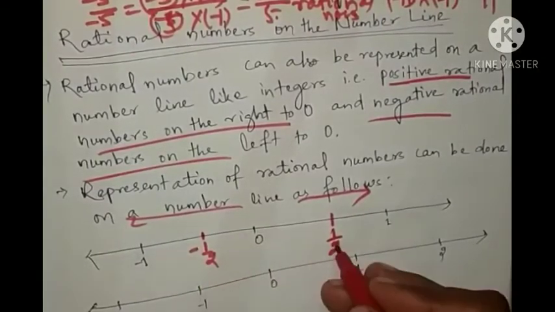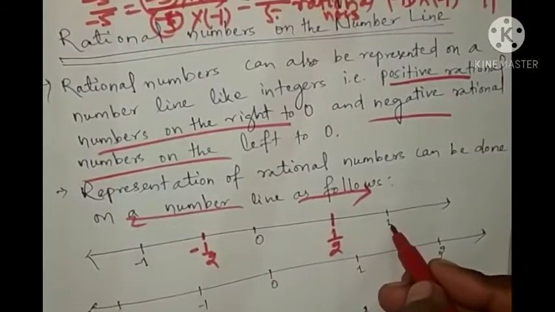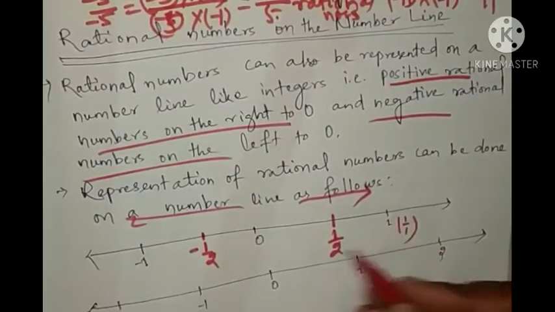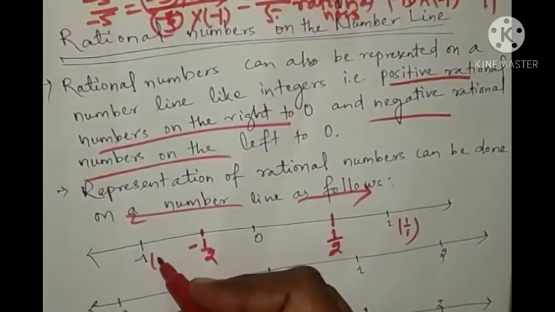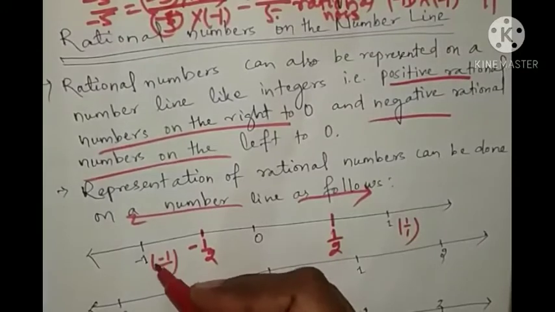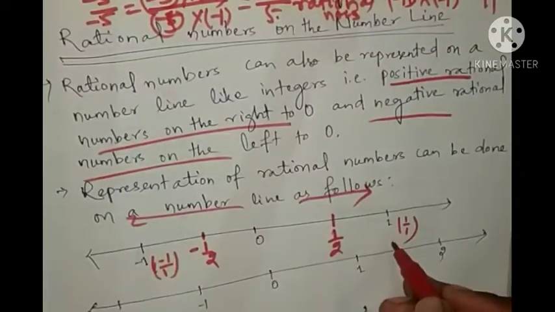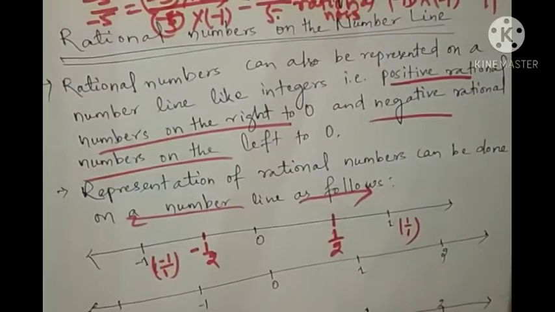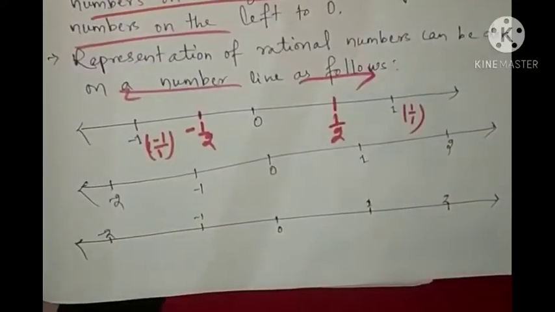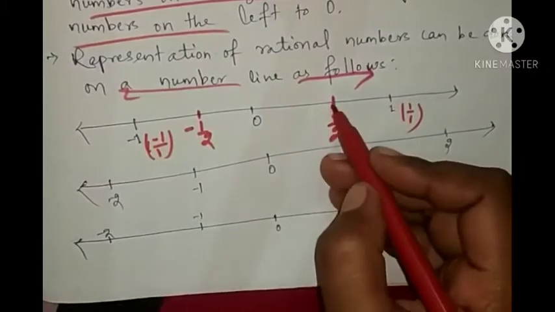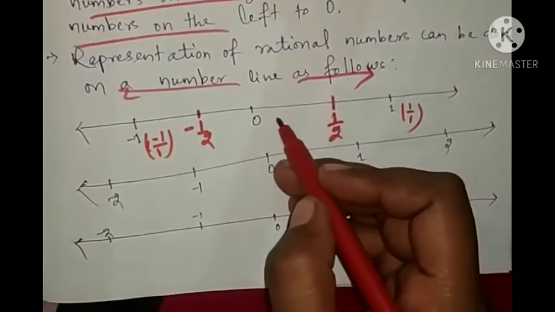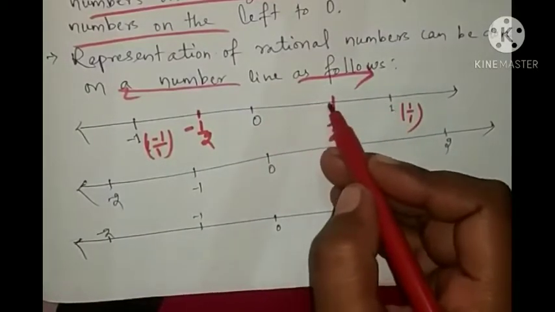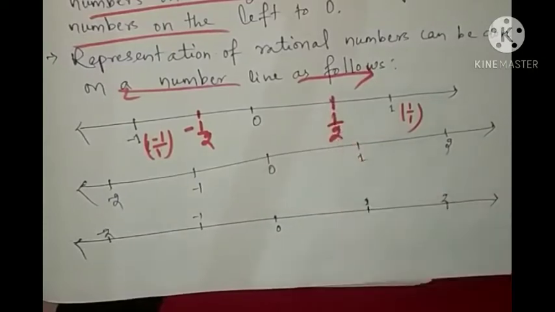Both are rational numbers. 1 is also 1 by 1, and minus 1 is minus 1 by 1. Like that we can put rational numbers on a number line. The middle means we have divided 0 and 1 into 2 equal portions, so the middle portion is half.